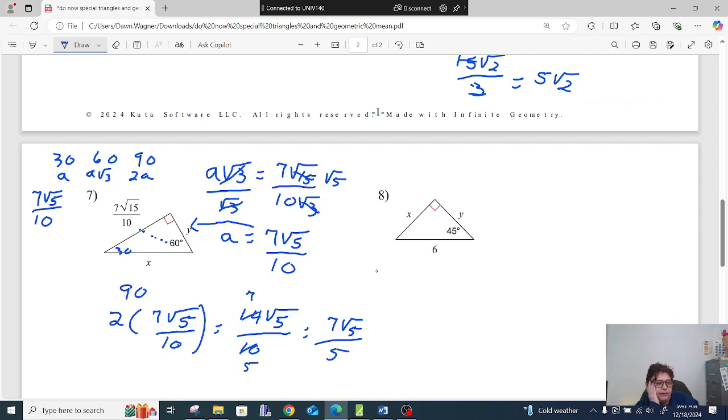Or you could have done it right here and cross canceled, Troy, like you talked about before. But either way, you would get this for across from the 90. That'd be your x.